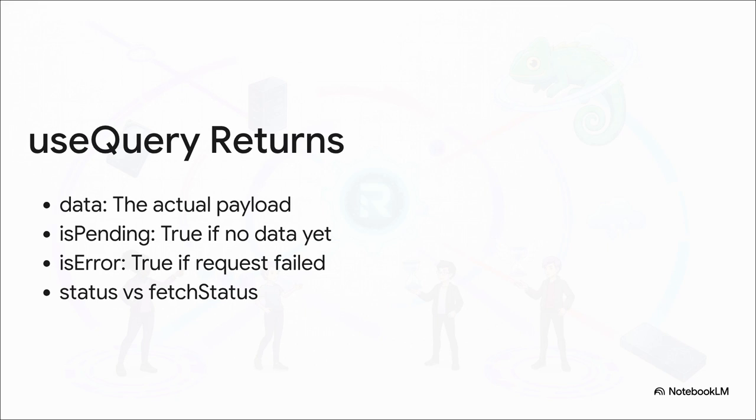But pay super close attention to this bottom point, because it's a game changer. TanStack Query actually separates your data state from your network state. Status tells you about the data itself, like do we currently have it in hand or not. Meanwhile, fetchStatus tells you about the network. Is a request actively running right now? This means a query can have a perfectly successful data status while simultaneously having an active fetching status. It's just silently updating your existing data in the background.